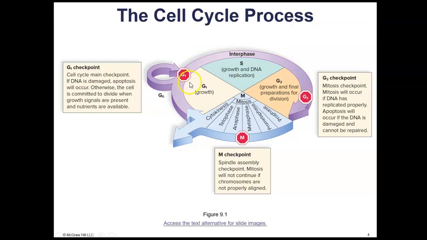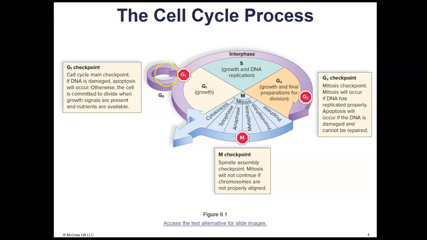There is a checkpoint called the G1 checkpoint. This is the cell cycle's main checkpoint. If the DNA is damaged at this checkpoint, apoptosis will occur, and apoptosis is programmed cell death. If the DNA is not damaged, the cell is committed to divide when growth signals are present and nutrients are available.